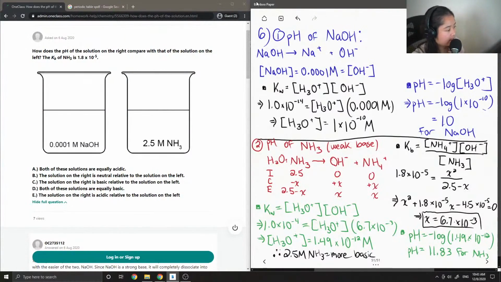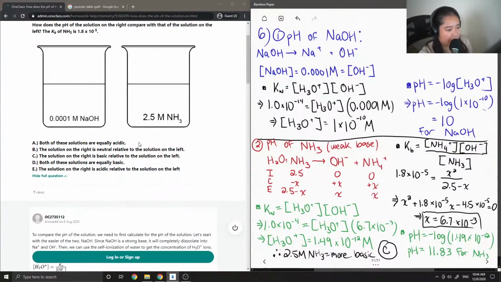So that tells us that it is option C. The solution on the right is basic relative to the solution on the left. Okay, so it's a very long question. Everything somehow fit on one page.